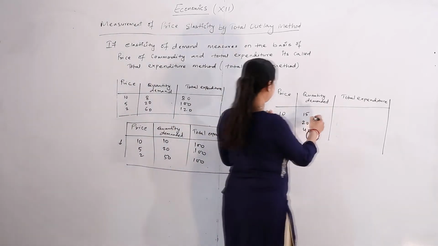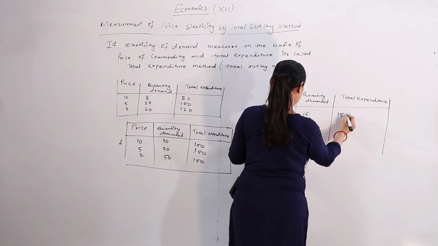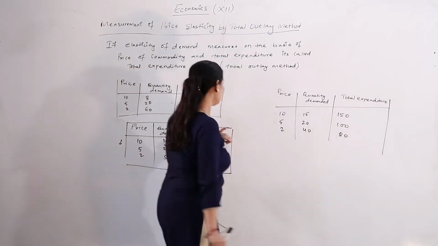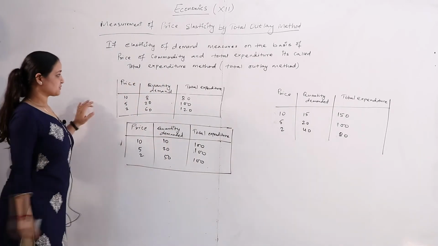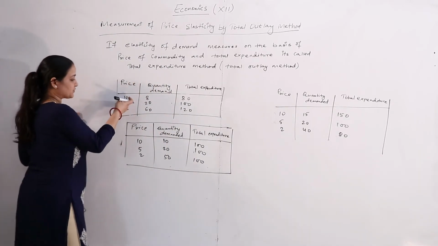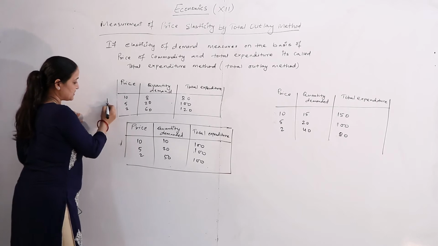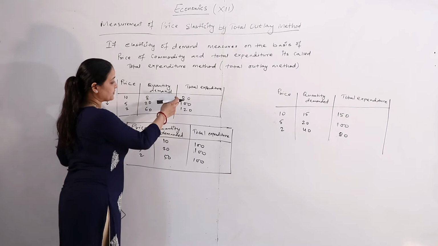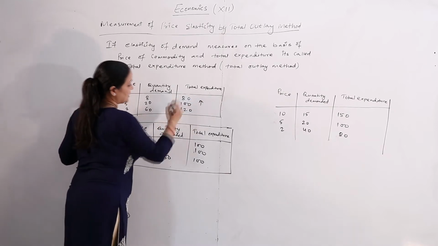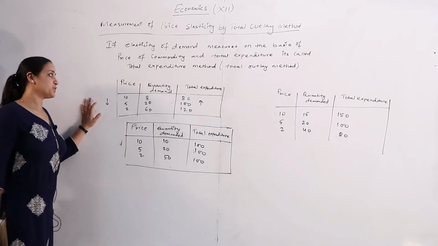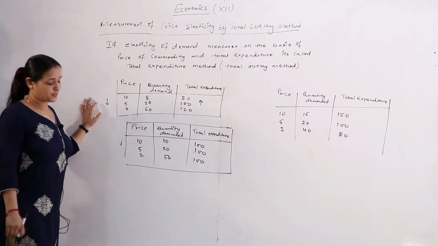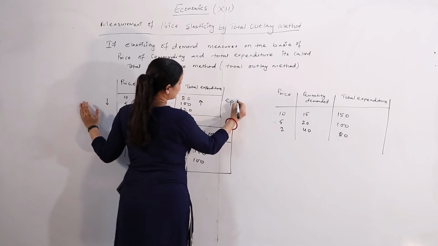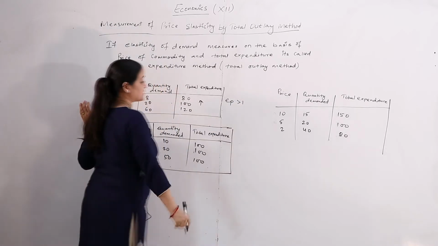Now the first table shows that when the price of goods and services decreases, the total expenditure on the goods and services will increase. Here is the inverse relationship between the price and total expenditure, and it shows the price elasticity is greater than unity.